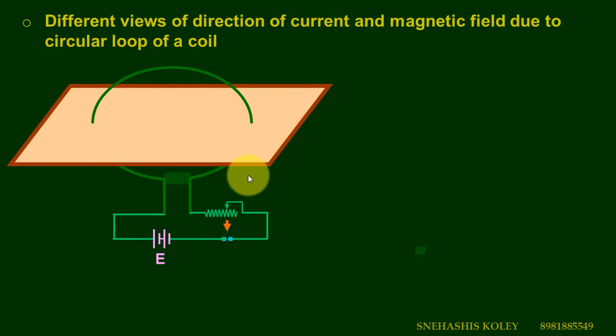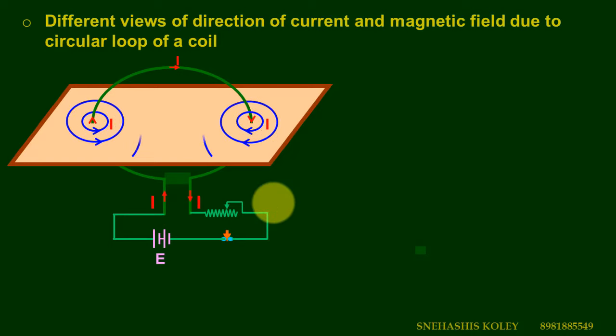So in this figure we are going to discuss the magnetic field due to a circular current carrying loop. You can see that a circular loop of current carrying conductor is placed and connected with a battery. When we press the key on, the current flows through the conductor.